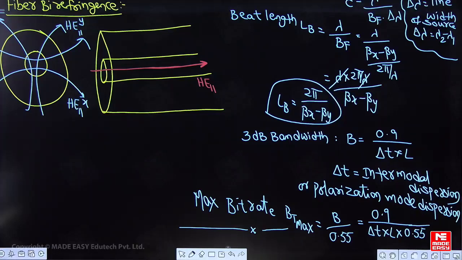Delta T is polarization mode dispersion, and L is the length of the fiber. The L in the bandwidth formula is also the length of the fiber.